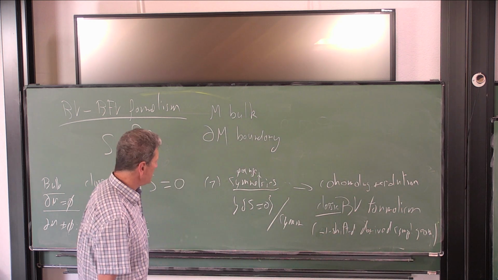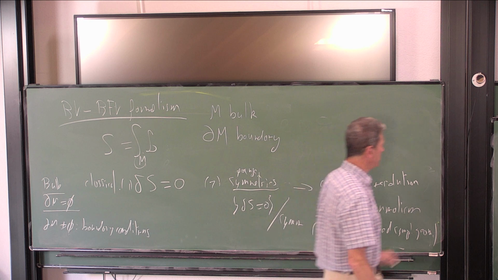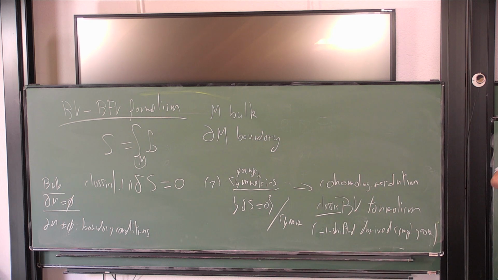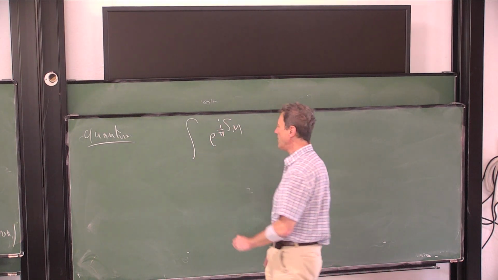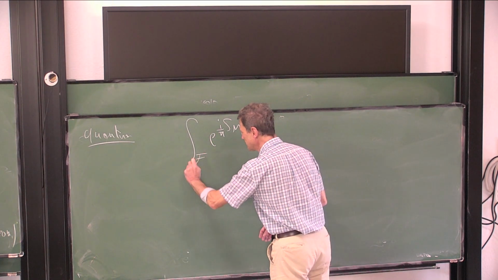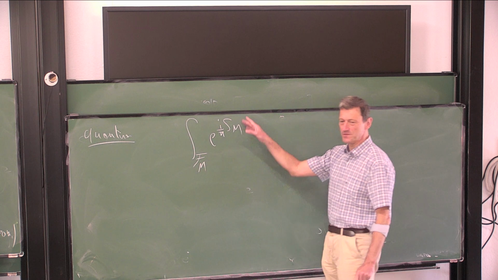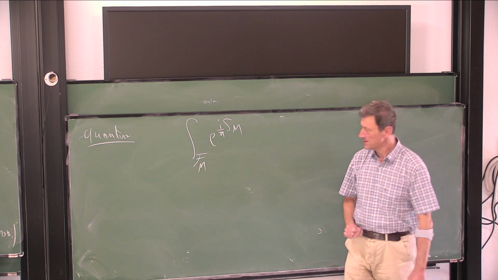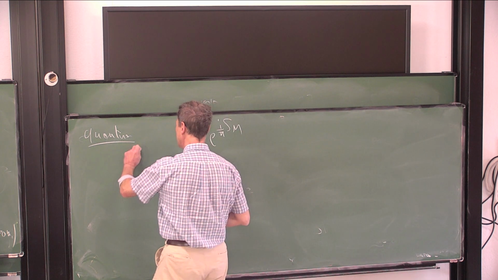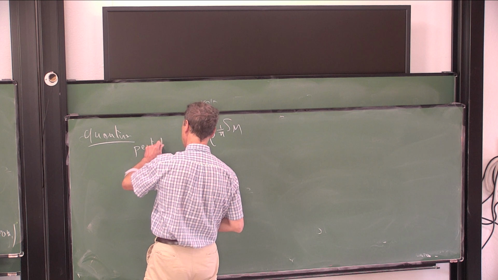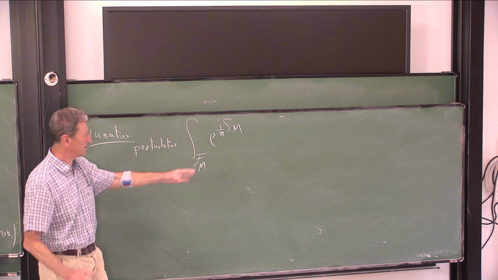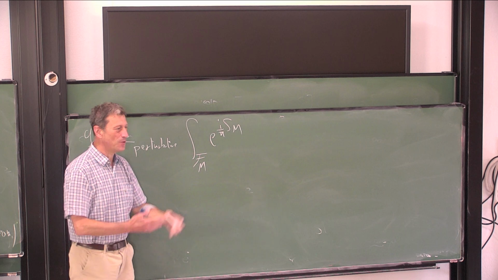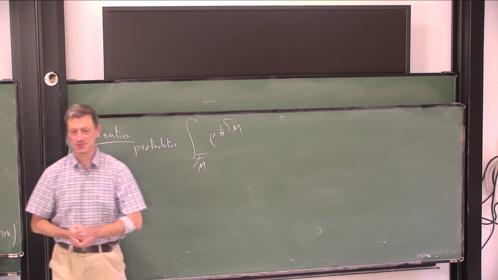Then there is a quantum problem associated to this, which is, roughly speaking, trying to make sense of the integral over the space of fields of the exponential of the action functional. What I'm going to consider is the perturbative definition of this, which means that you look for the critical points, you expand around them, and you hope that the Hessian is non-degenerate.